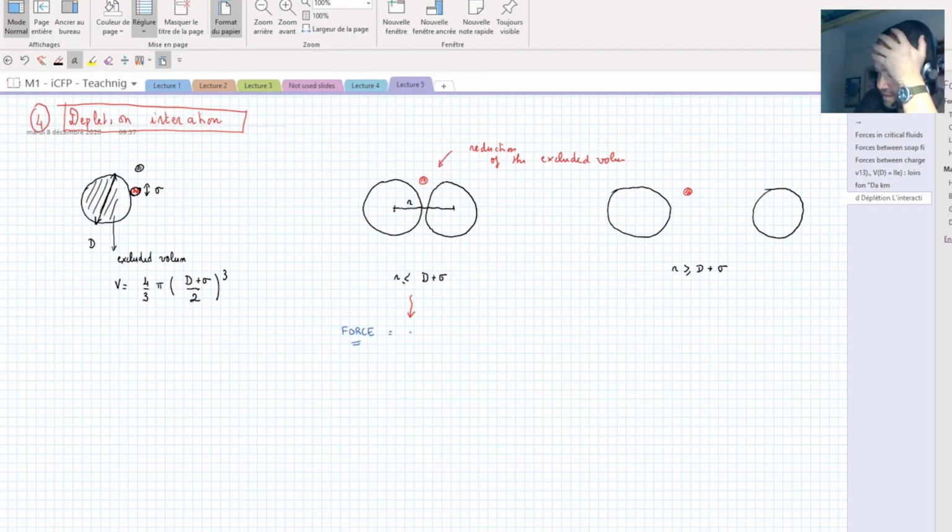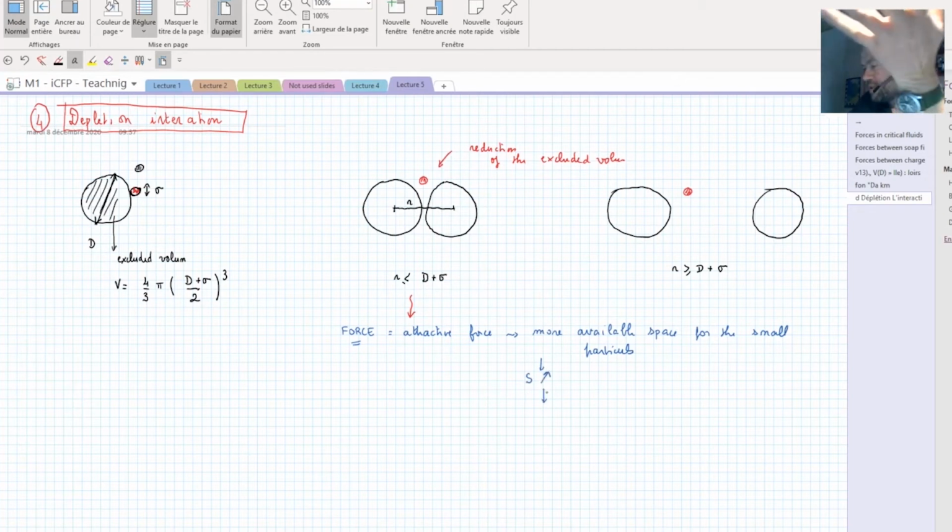Yes. And there is an attractive force between the two surfaces because the situation where the two particles are close gives more available space for the small particles, which gives an increase of entropy, and this is favorable. So we have this attraction.